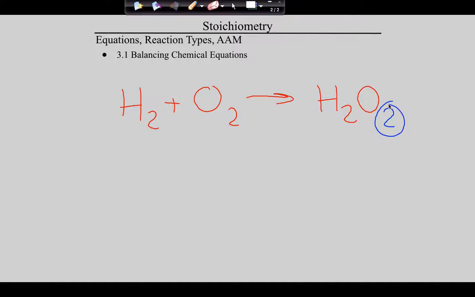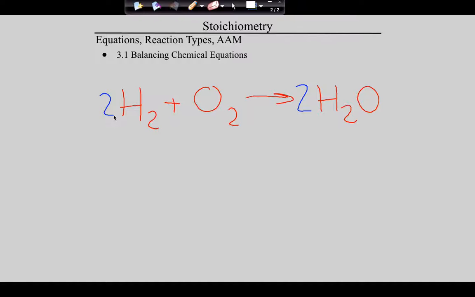Why not? It's a different compound. That's actually hydrogen peroxide. When we balance chemical equations, we don't change formulas. What do we change? Coefficients. To balance this, we need to respect the 2 oxygens, which places a 2 there and a 2 there.